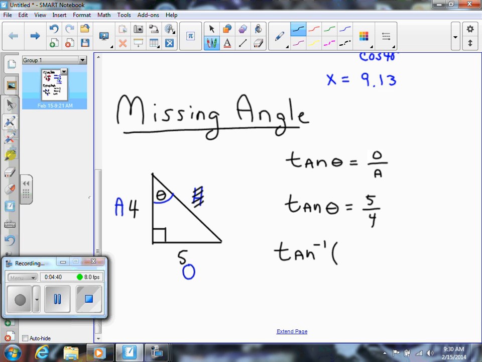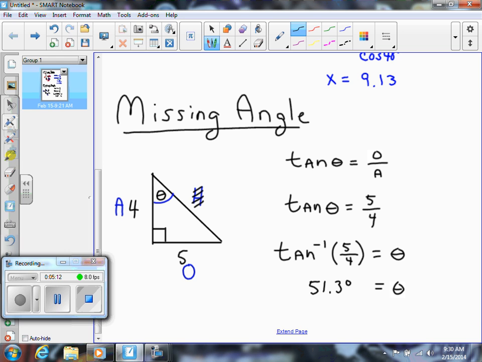I'm going to use my brackets and put 5 divided by 4 inside those brackets, and finally press equals. And the calculator will give me the answer for the angle that's missing, which in this case is theta, and that should come out to 51.3 degrees.